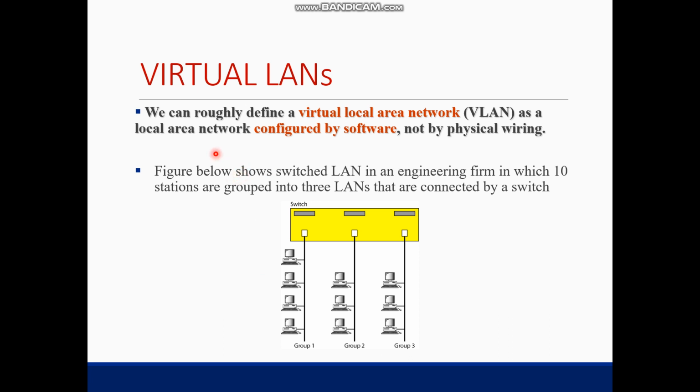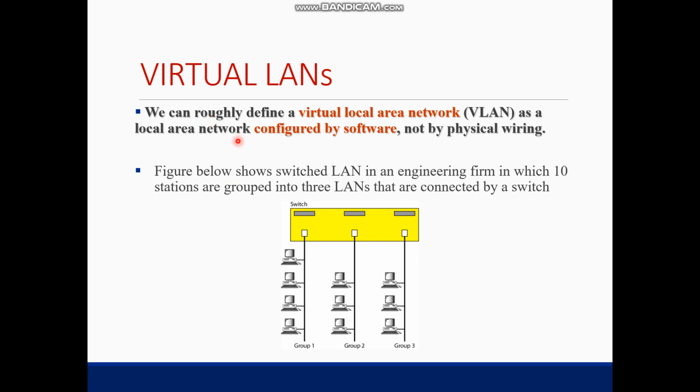And let's talk about virtual LANs. We can say that virtual LANs, or virtual local area networks, are local area networks, but they are configured by software, not only by physical cabling or physical connection among the hosts which are connected within a LAN.